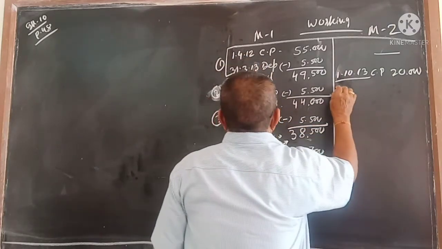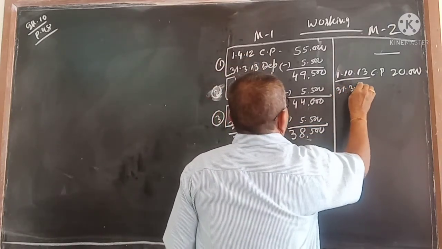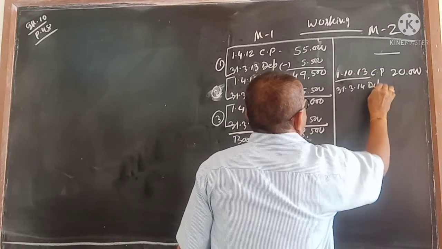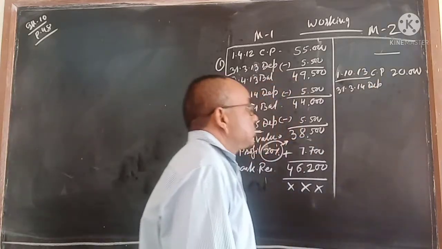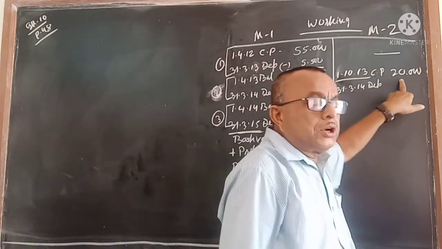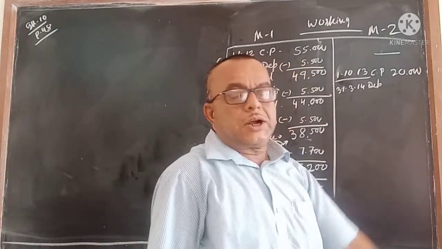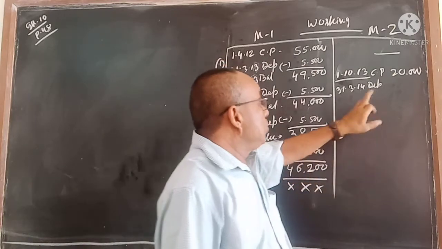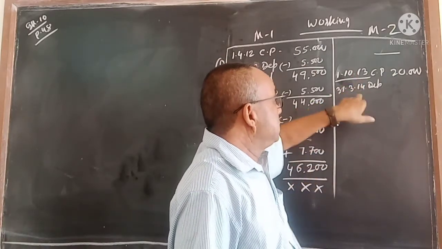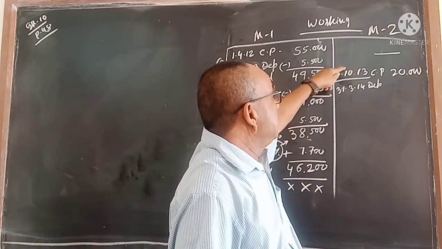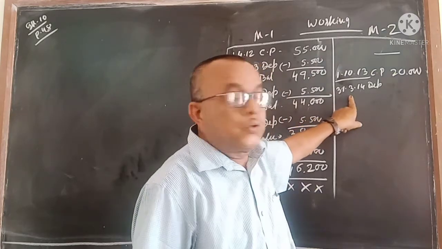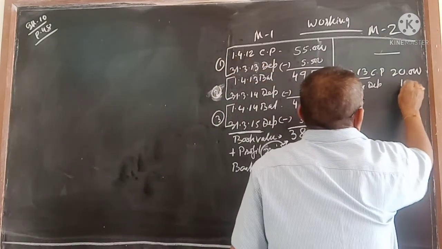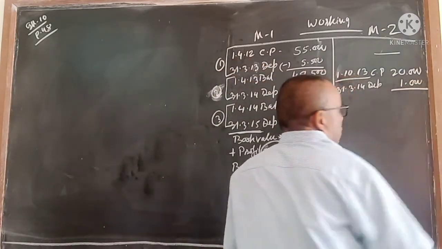Your second year completed on 31/3/14. Depreciation charge, how much? 10%. 10% comes how much? 2,000. But this year 2,000 will not come. This year it will come 1,000 because we will charge the depreciation for 6 months, 1/10/13 to 31/3/14. It comes 6 months, so 6 months depreciation is coming 1,000.